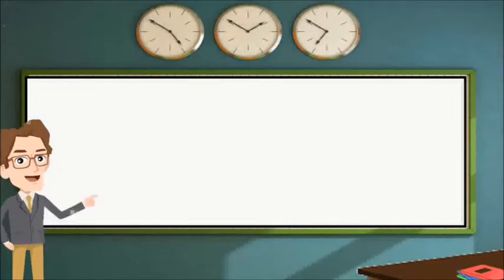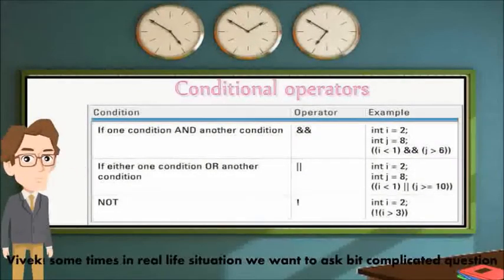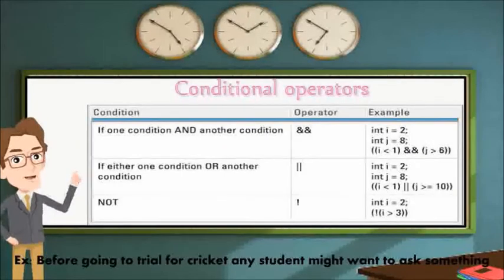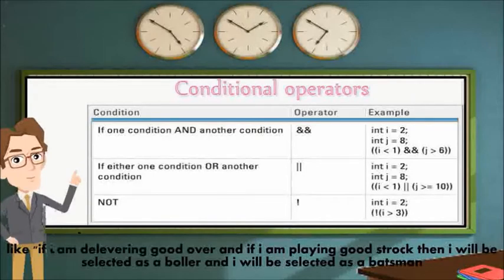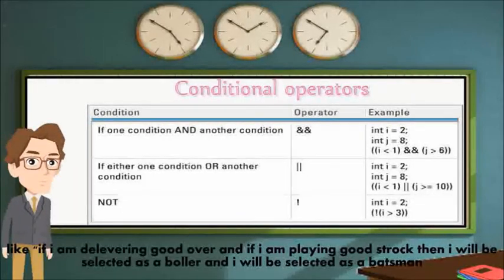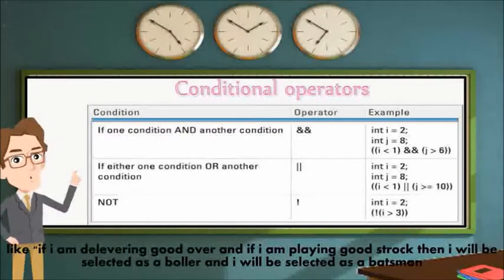Now another is the conditional operators. Vivek, sometimes in real-life situations we want to ask a bit more complicated questions. For example, before going to a trial for cricket, any student might want to ask something like: if I am able to deliver a good over and if I am playing a good stroke, then definitely I will be selected as a bowler and I will be selected as a batsman.